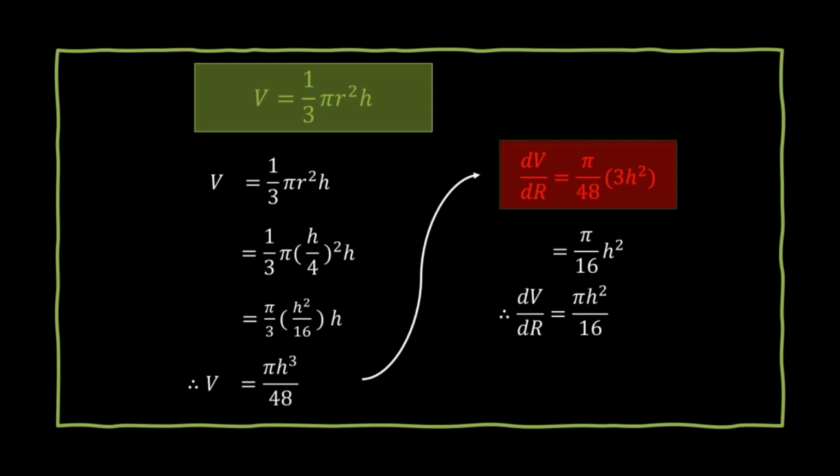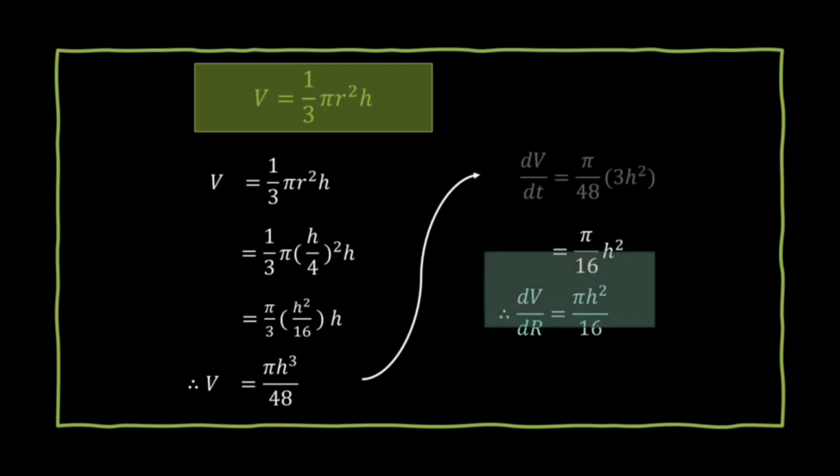By using the equation of the volume just now, pi over 48 times h cubed, we will differentiate the equation with respect to r. We will get dV over dr equals pi h squared over 16.